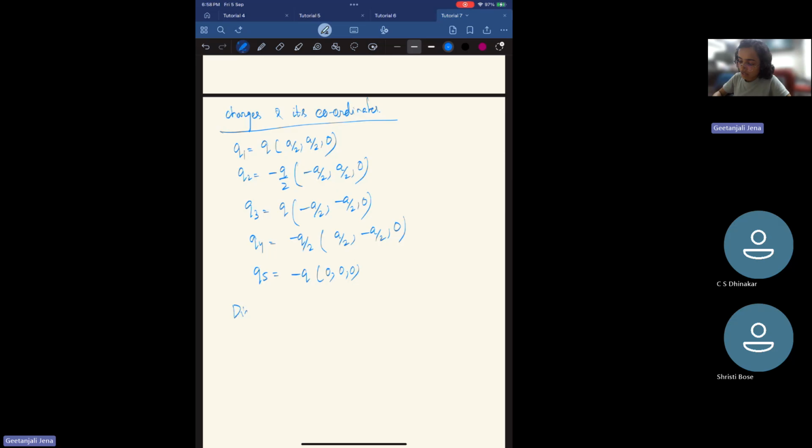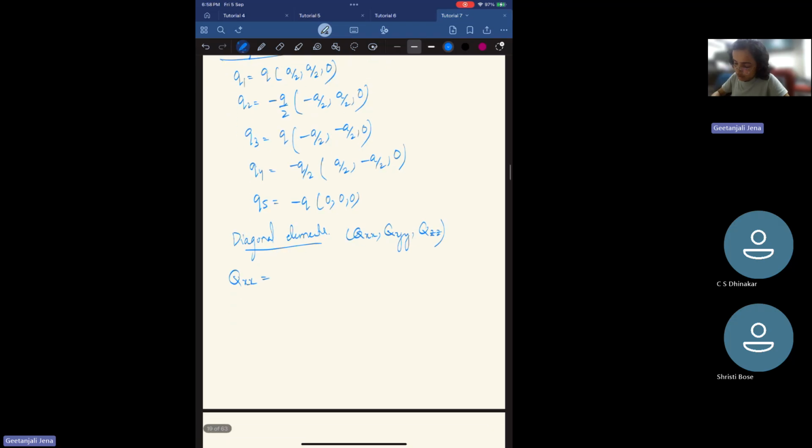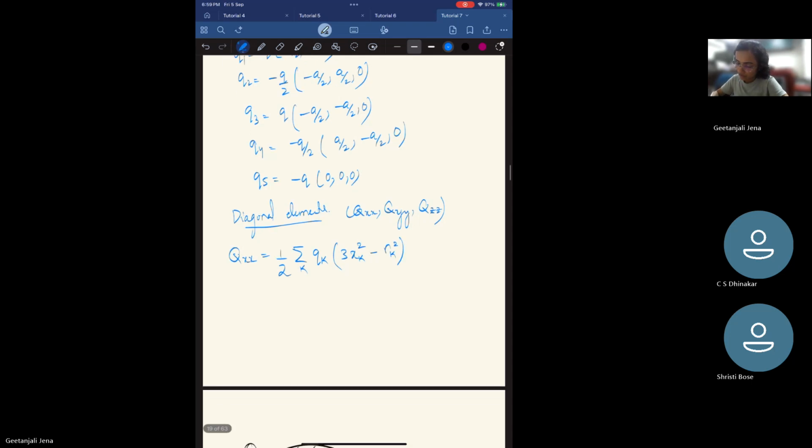So let us first see the diagonal elements: Q_xx, Q_yy, and Q_zz. For Q_xx, it will be a summation over k of q_k (3 x_k squared minus r_k squared). r_ki and r_kj will be the x component, and we have r_k squared, which you can write as x_k squared plus y_k squared.